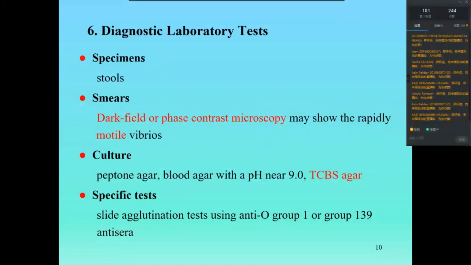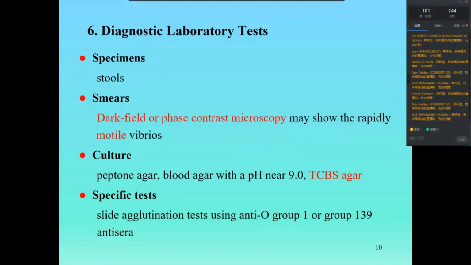You can check whether it's motile, and you can stain the bacteria and see whether it's a comma-shaped bacterium. That's a quick examination. We can also culture and purify the bacteria on a solid medium, including blood agar with a high pH, because they prefer a high pH. Or we can use TCBS agar, where they produce yellow colonies.